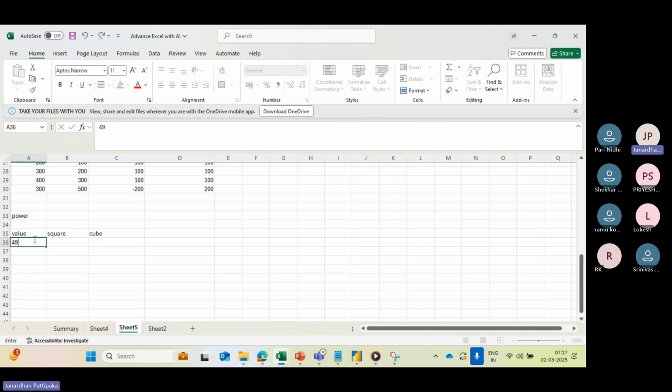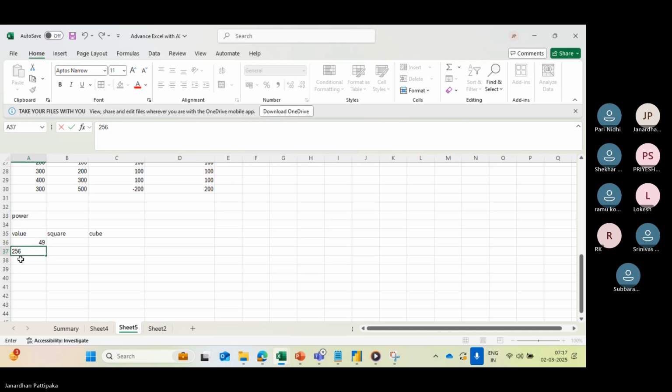Suppose I take 49, 256, 160, 2, 3, and I will take 4.